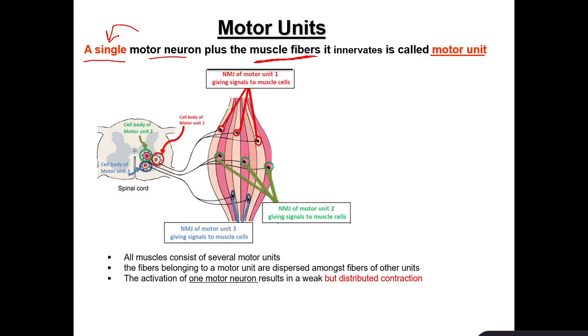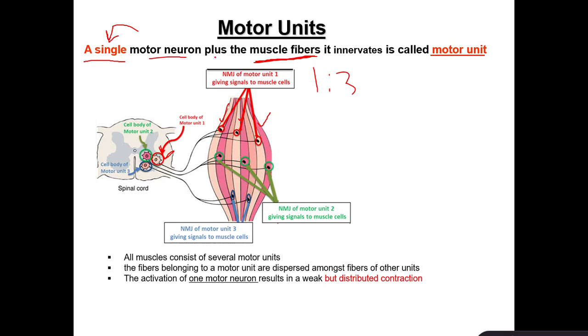So if you look here at this image, the cell body in red color has its axon terminals supplying three different muscle cells. So this is a motor unit, and here the innervation ratio is 1:3. Of course, in real life, it's not like this, but this is for simplicity.